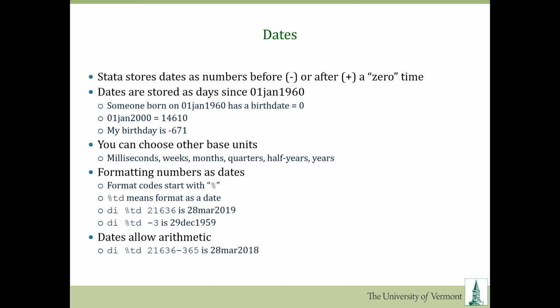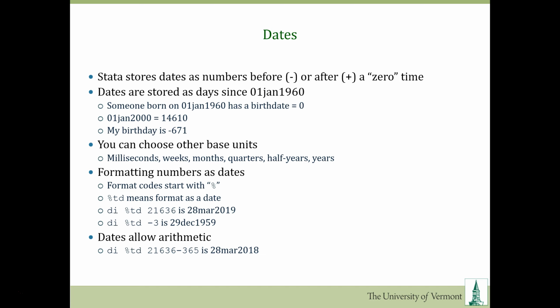But that's not very user-friendly. But if you put a command or an option in front of it, a format code, %TD. Now, all format codes start with a %, and this one means take that number and show it as a date.